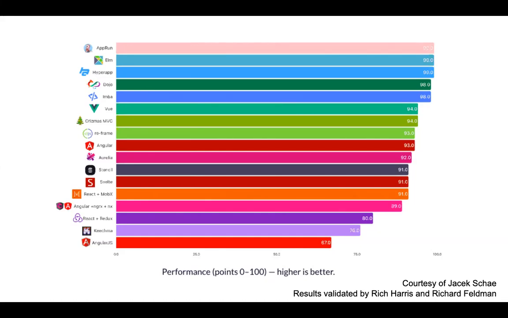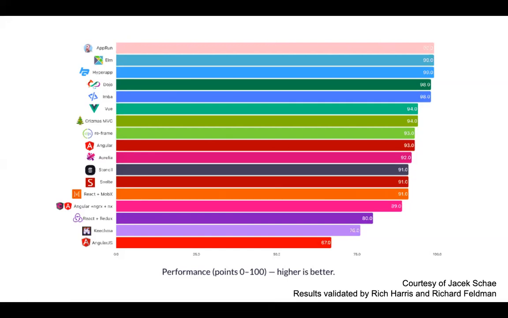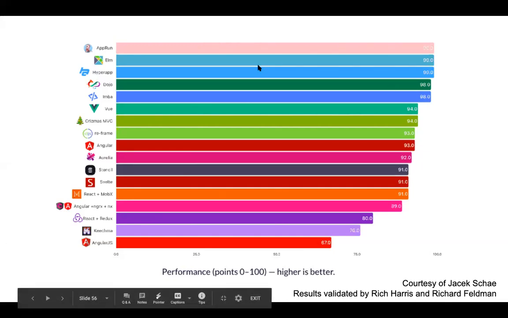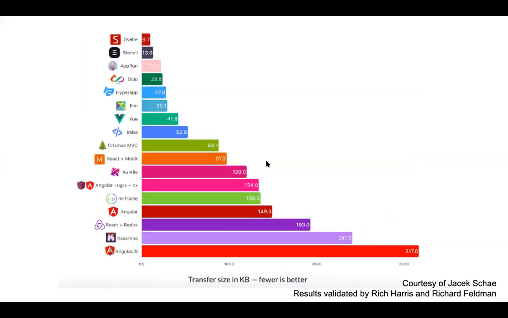This is a graph which shows the performance between different UI libraries or frameworks, and higher is better, and we can see that Elm has performed well. Svelte is just before React and Angular, and we also have the combination of React and Redux. Transfer size in kilobytes, fewer is better.